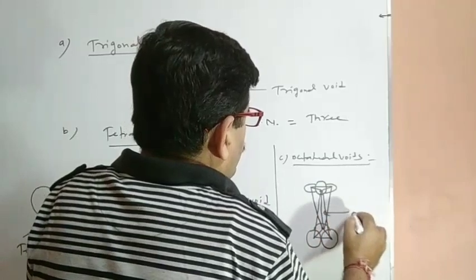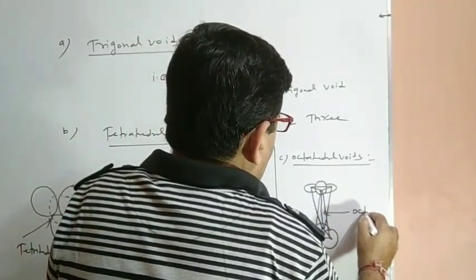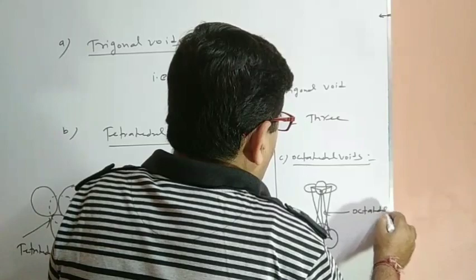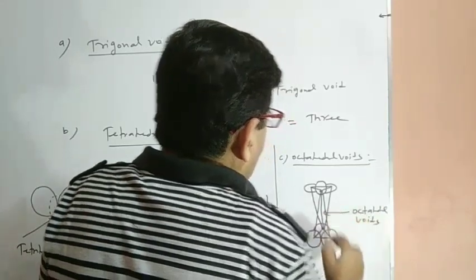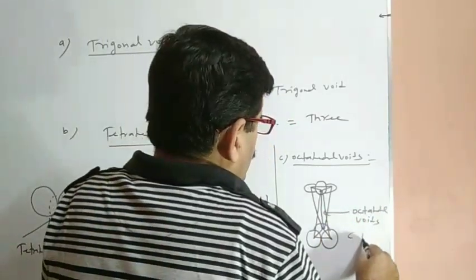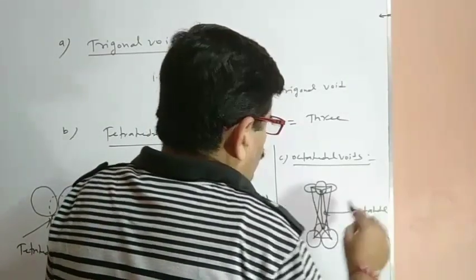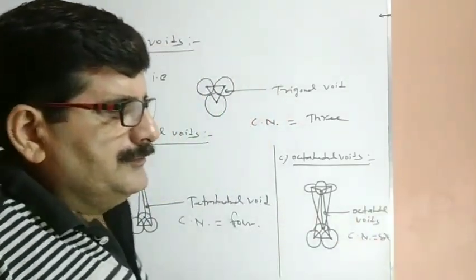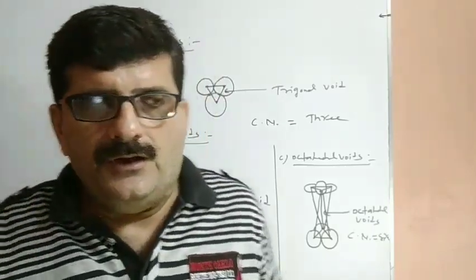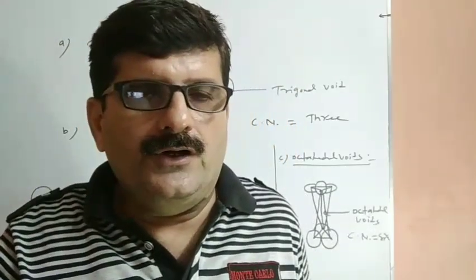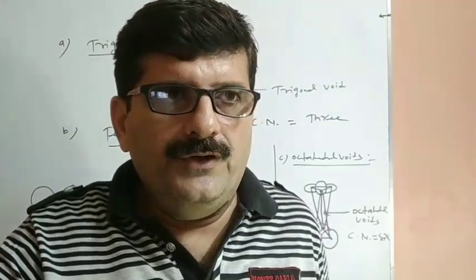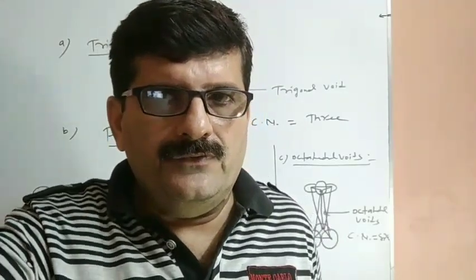We obtain what? Octahedral voids. Generally, tetrahedral and octahedral voids are obtained in a 3-dimensional structure.